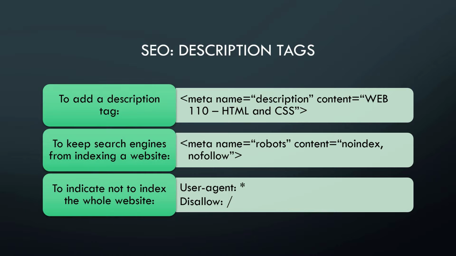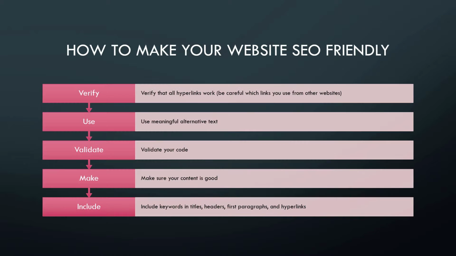So here we have content, no index, no follow. To indicate not to index the whole website, you can also create this disallow, which will prevent the whole website from being indexed.